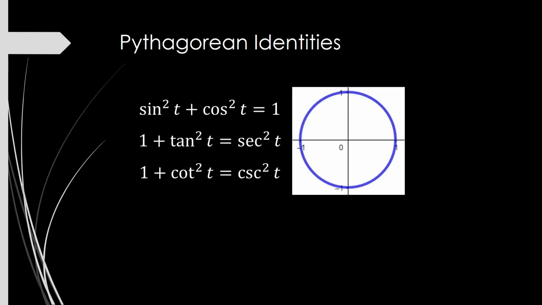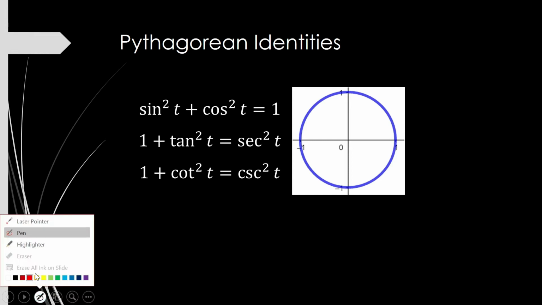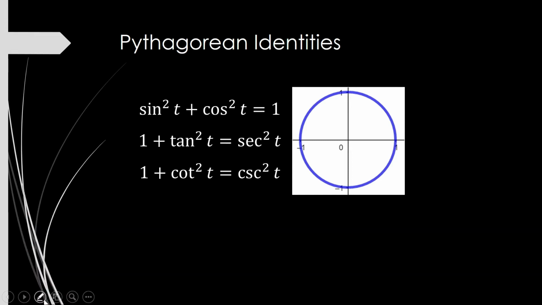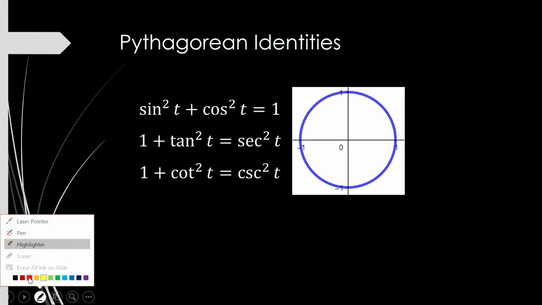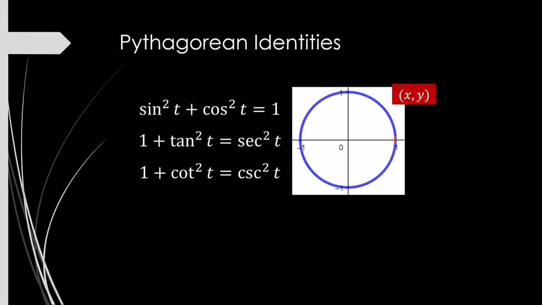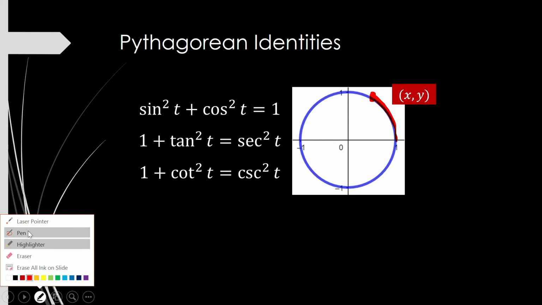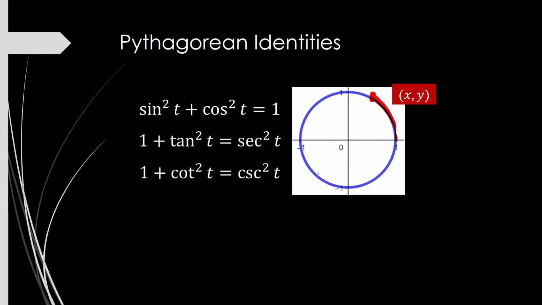Well, we have to go back to your unit circle and to how we define your trigonometric functions. We trace an angle or an arc in your unit circle, and that arc has an endpoint whose coordinate is xy.